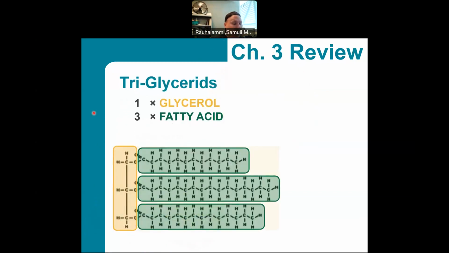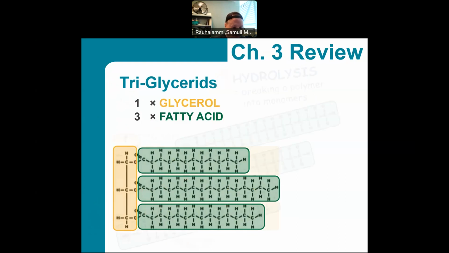If we look at what fats are made of, they are triglycerides. Triglyceride tells us that it's made of a single glycerol molecule with three fatty acids attached. So triglycerides are what we're talking about when we talk about lipids and fats. In a chemical sense, a triglyceride is a combination of one glycerol with three fatty acid chains attached.